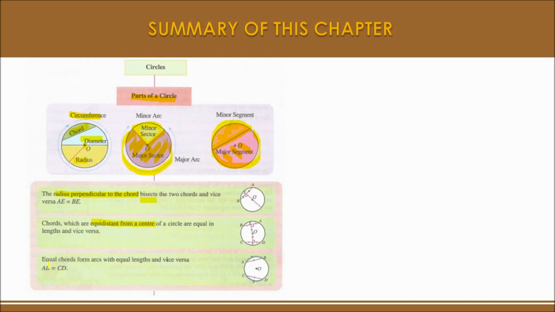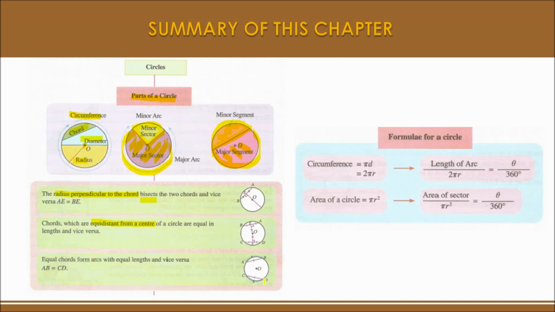You also learned that equal chords form arcs with equal length. If AB equals CD, therefore arc AB and arc CD have equal length. In the second part of this chapter, you learned the formulas of circle.